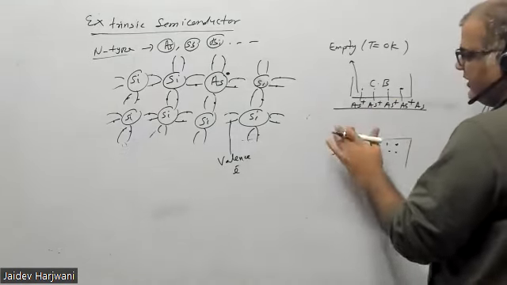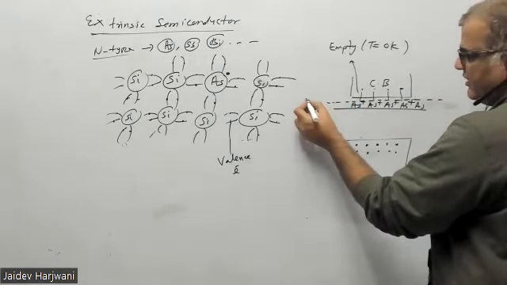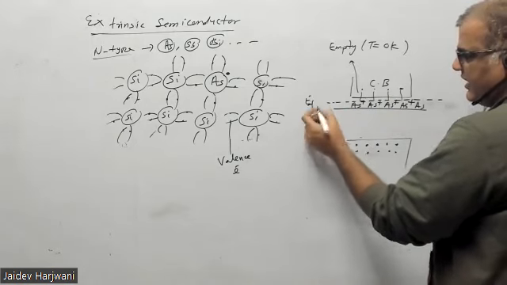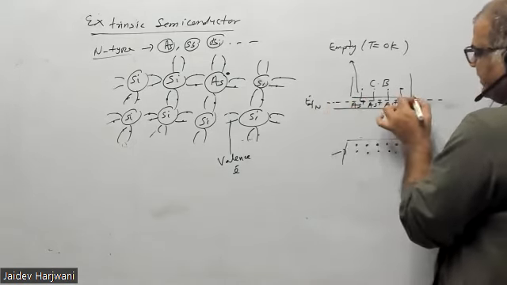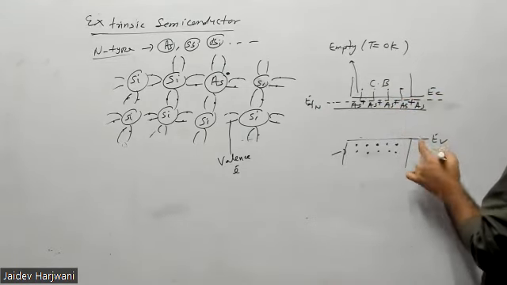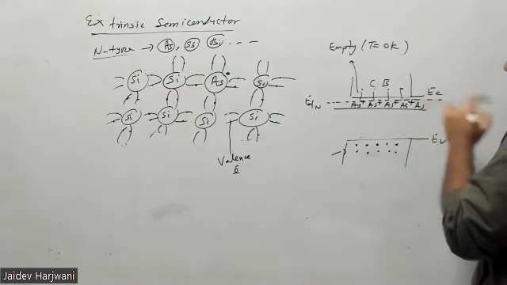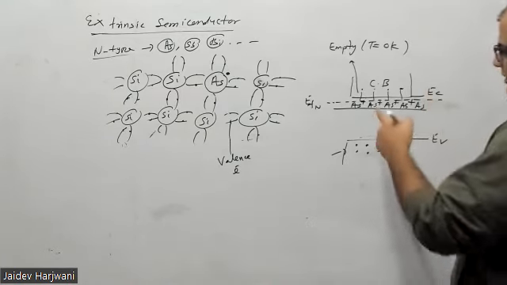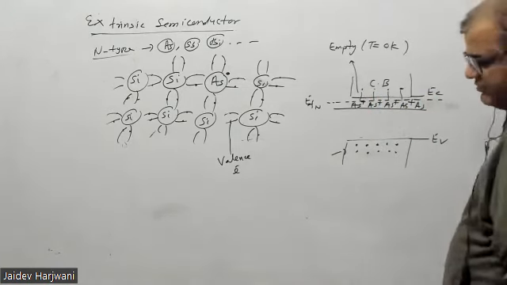But the Fermi level of n-type material, which I represent by EFN, is in between the donor level and the conduction band. This is called EC, the bottom of the conduction band, and this is called EV, the top of the valence band. In between these two, in the gap, this Fermi level is present.